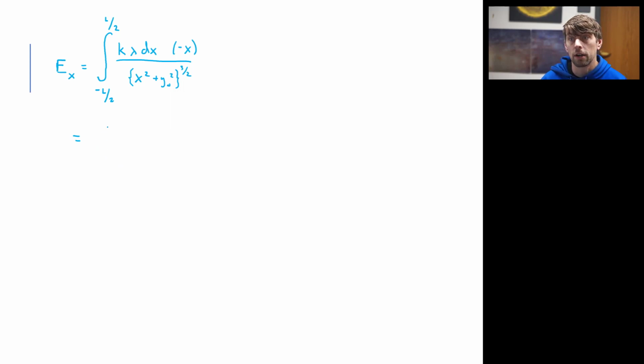And so I'll pull those out of the integral. We have a negative x k, oh, excuse me, not negative x. We have a negative k lambda integral of negative L over 2 to L over 2 x over x squared plus y naught squared to the 3/2.